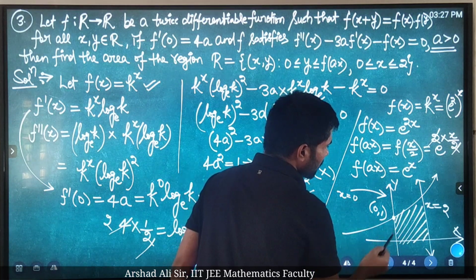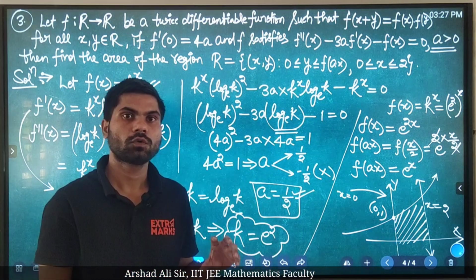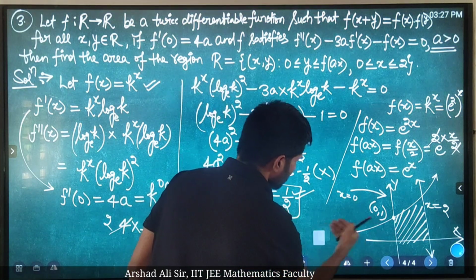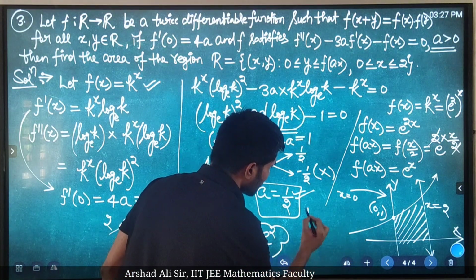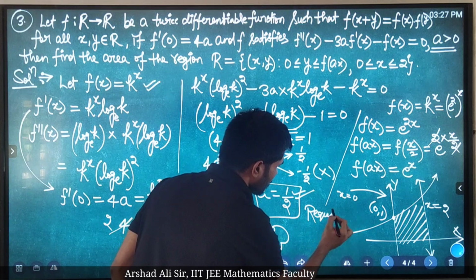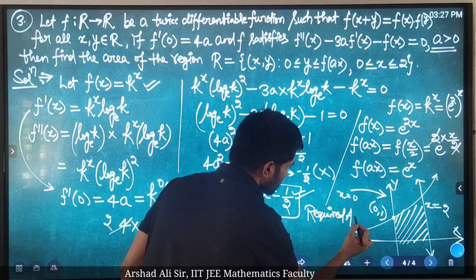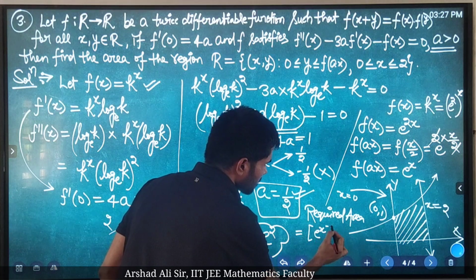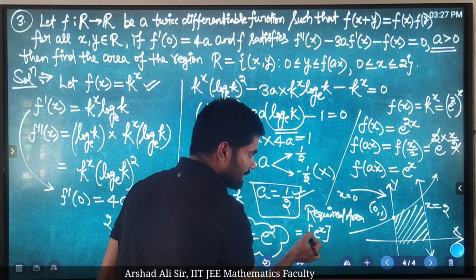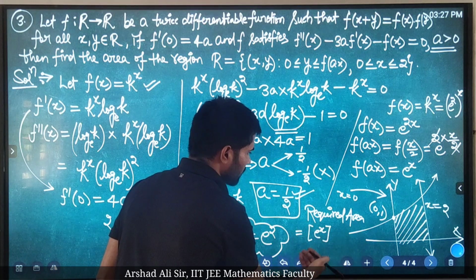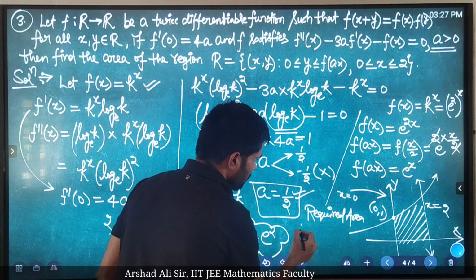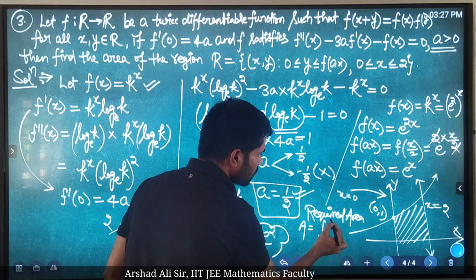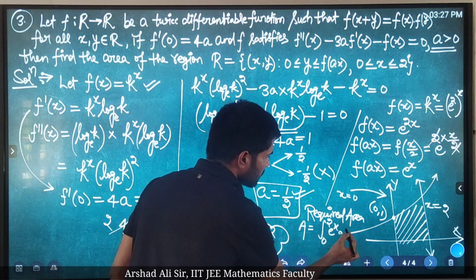Okay students, now it becomes a very easy question. What is the integration of e to the power x? e to the power x. So here we can say, the required area capital A is equal to the integral from 0 to 2 of e to the power x dx.